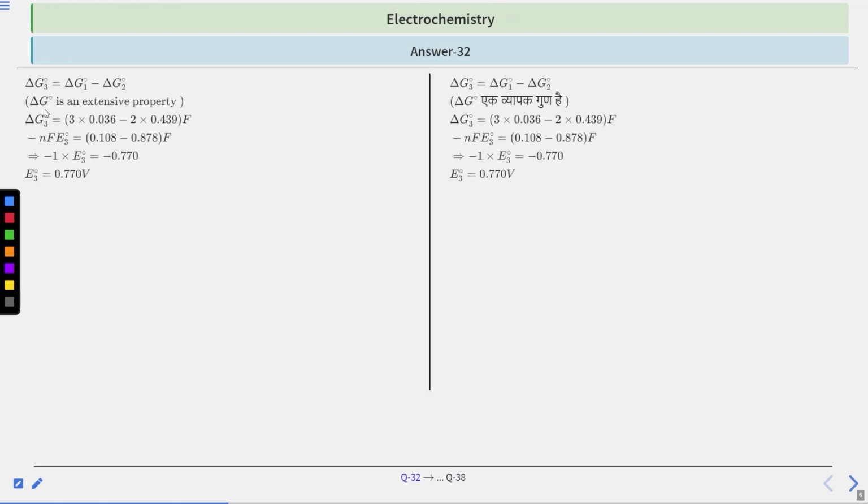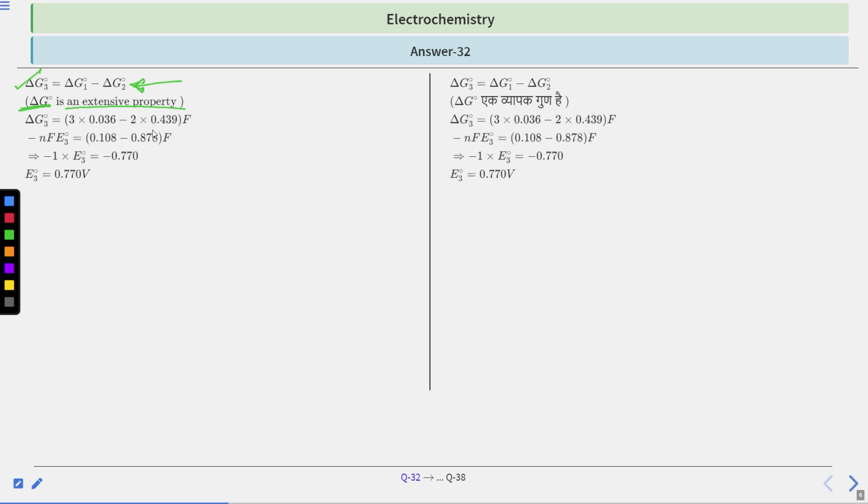We will write the equation in the form of del G. So del G naught for 3, that is the third equation, is equal to del G naught for first minus del G naught for second. Why are we doing this? Because E naught is an intensive property, but del G naught is an extensive property, so we can use the del G naught equation here.